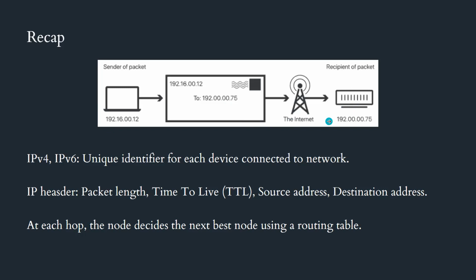Until the end destination is reached, the packet is forwarded across multiple routers and switches. So the source address and destination address are among the most important factors in routing the information. At each hop, the intermediate node or router decides the next best node using a routing table.